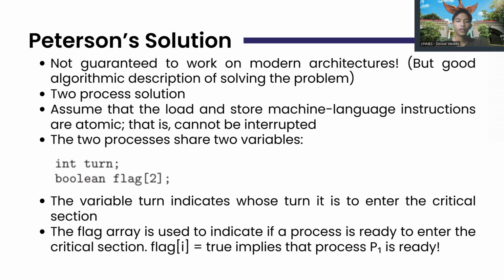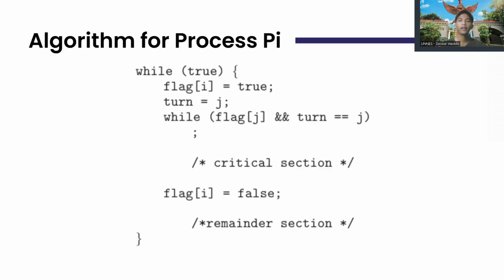The two processes share two variables. The variable turn indicates whose turn it is to enter the critical section. The flag array is used to indicate if a process is ready to enter the critical section. Flag[i] equals true implies that process Pi is ready. And this one is the algorithm for process Pi.